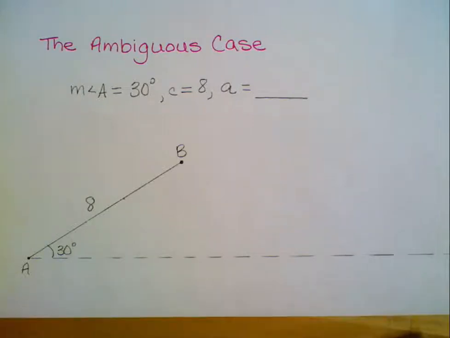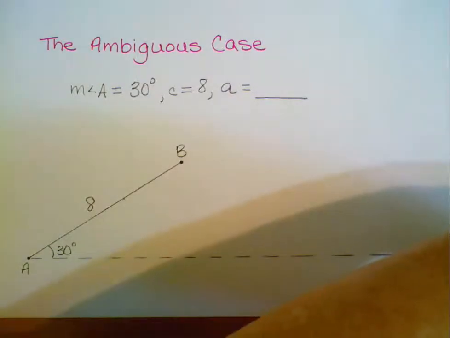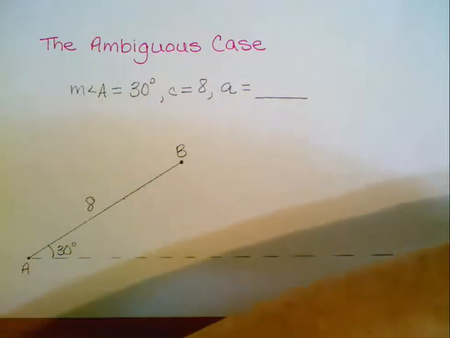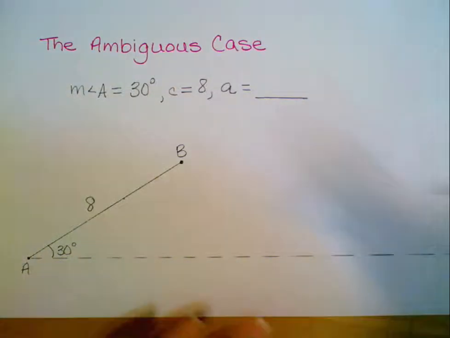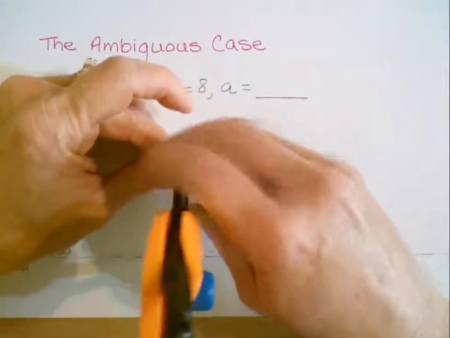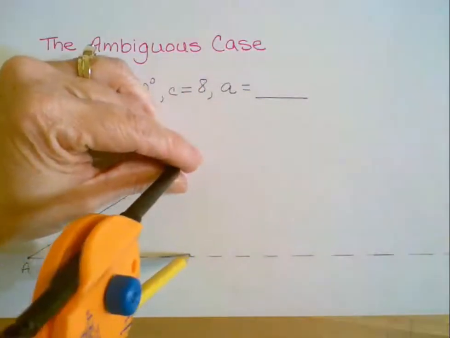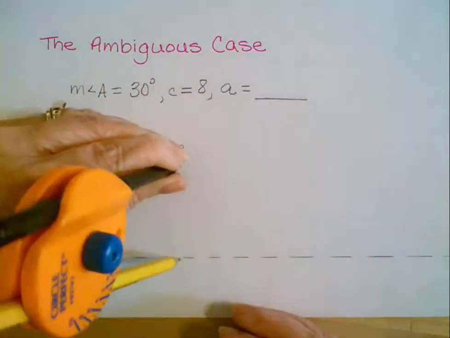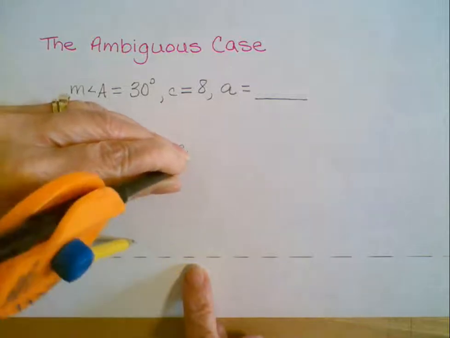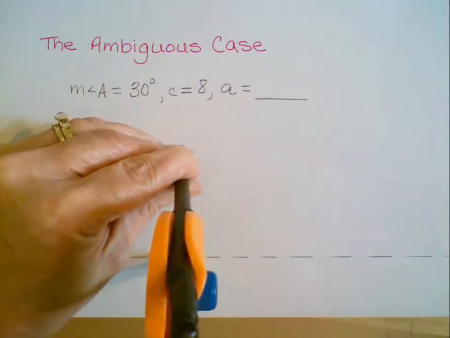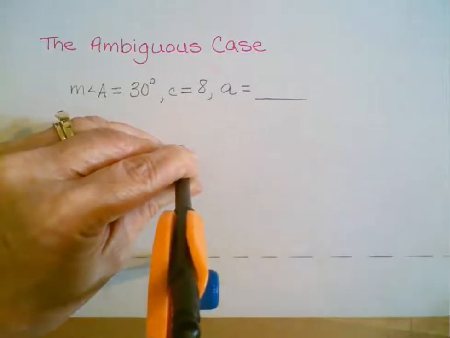Well, let's go a little higher. Let's go with a length of 4 and see what happens. When I set my compass at a length of 4 units and put my pivot point back on B, we can see that it does hit that segment, specifically right down here. There's one point where it's going to reach that dashed segment, and let's go ahead and mark that.